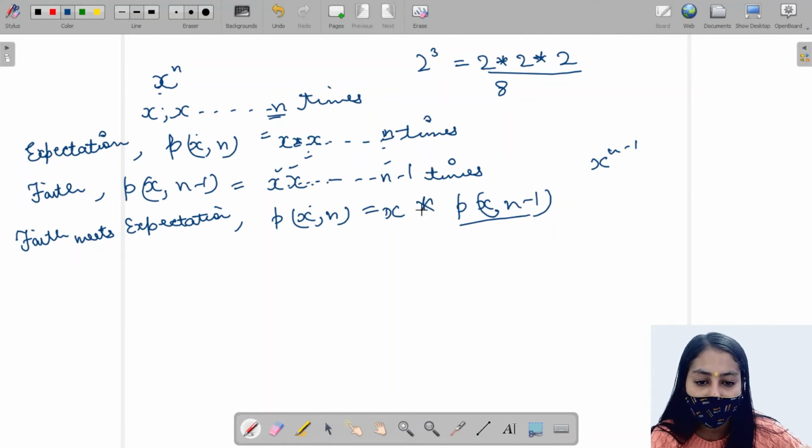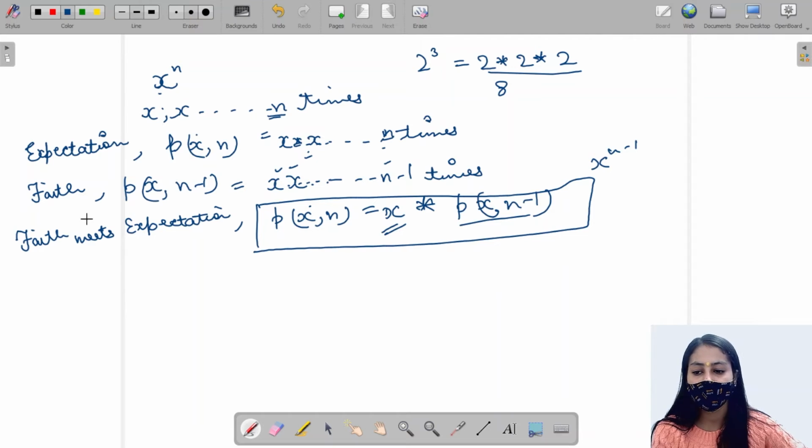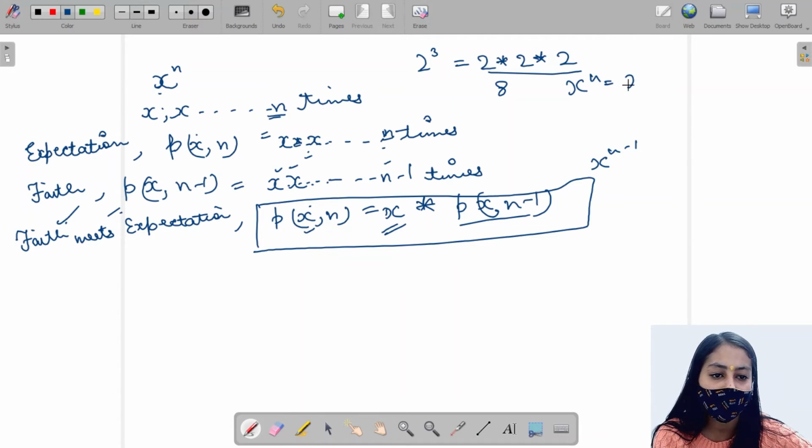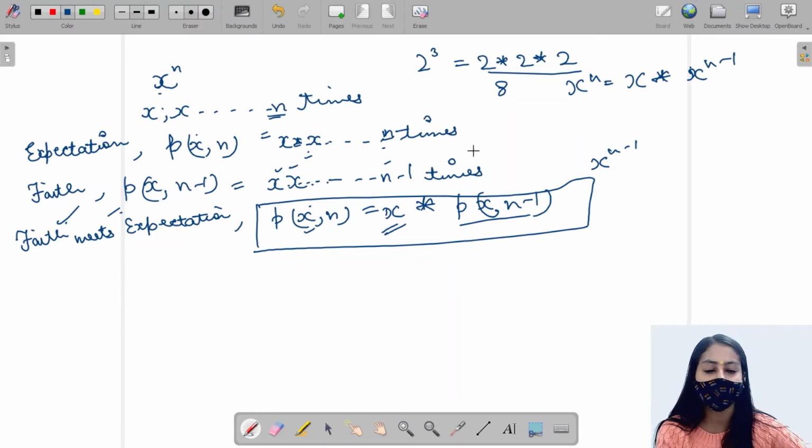So we multiply x one more time. This is how we meet our expectation with our faith. So x power n is equal to x into power of x, n minus 1, right?